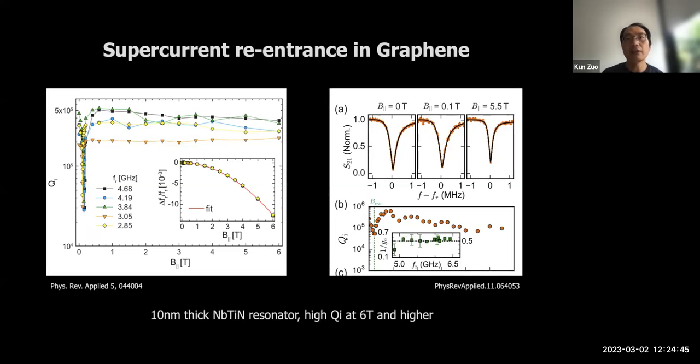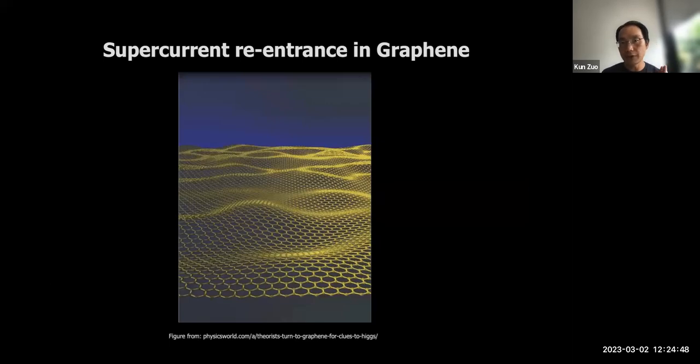Again, first of all, the singlet pairing can possibly survive. And on the other hand, graphene is not really totally flat. It still has some sort of ripples or wrinkles, depending on how you make the devices. So across a large distance, in a larger junction size, if you have a few nanometers of variation at a field of 8 Tesla, you will still be able to see the interference of different wave functions that gives the behavior of supercurrent reentrance.